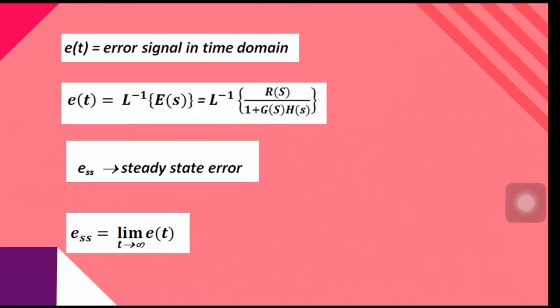Hope you remember the final value theorem, that is, if F of s represents Laplace transform of f of t, then limit t tends to infinity f of t is equal to limit s tends to 0 s into F of s. Now we are going to use this theorem for finding out steady state error.